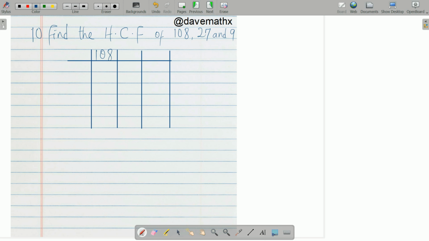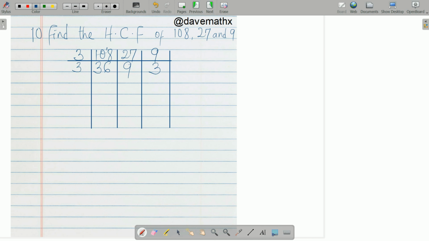First is 108. The second is 27, while the third is 9. 3 looks perfect to divide all at the same time. 3 into 108 is 36, while 3 into 27 is 9, and 3 into 9 is 3.